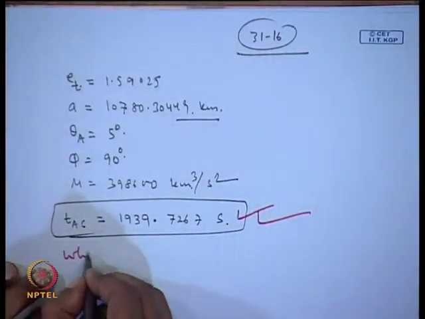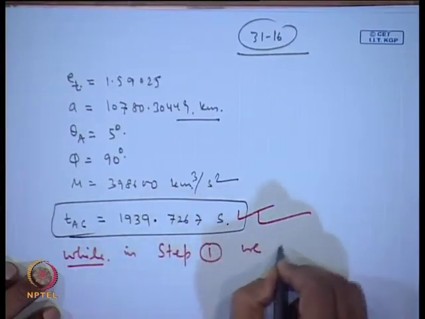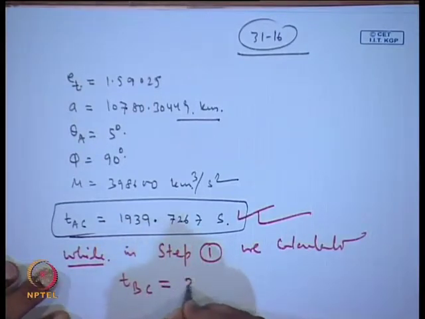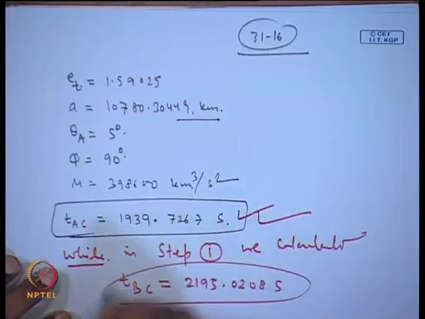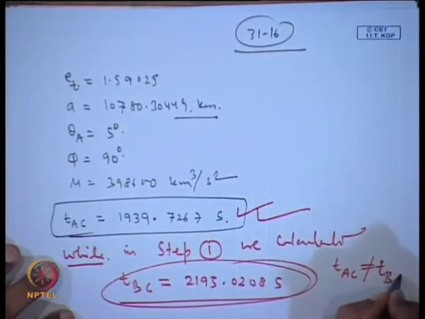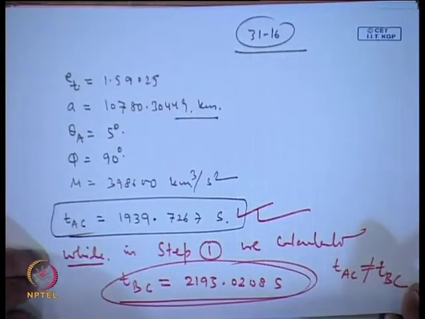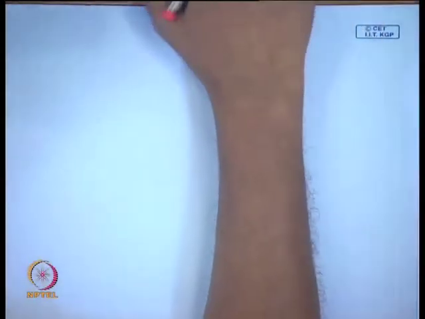Now, in step 1 we calculated T b c equal to 2195.0208 seconds. So, we can see from this that T a c is not equal to T b c. Therefore, we need to repeat again from step 2, where we assumed the value of theta a. This was our step number 5.